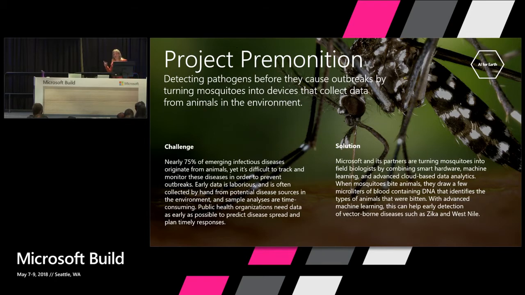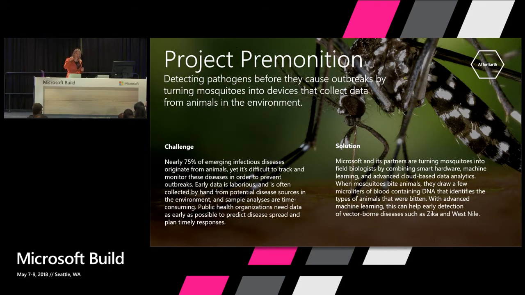So the idea behind Project Premonition is, can we actually predict that these outbreaks are going to happen sooner than that? And so the way we are doing that is by using mosquitoes. Weird, huh? So mosquitoes, although a very annoying little pest, they land on animals, they land on people, and they draw blood.